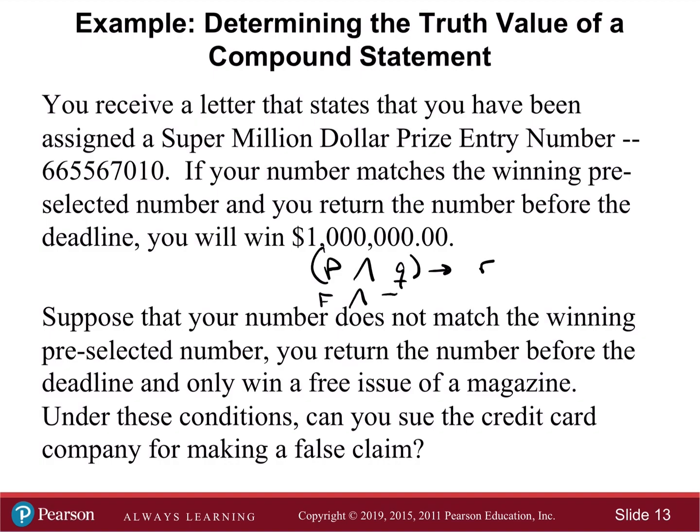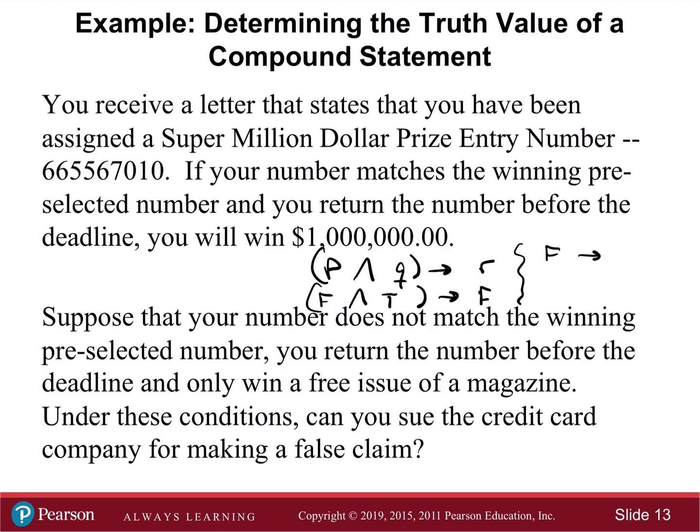So that's true. And you only win a magazine, but you don't win $1 million. So that's a false, right? So I'll kind of work over here. False and true is false.